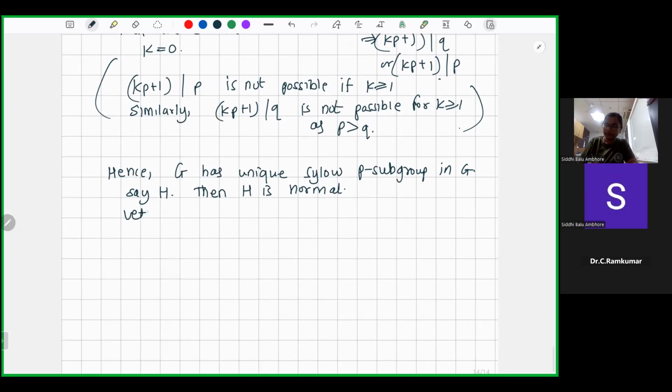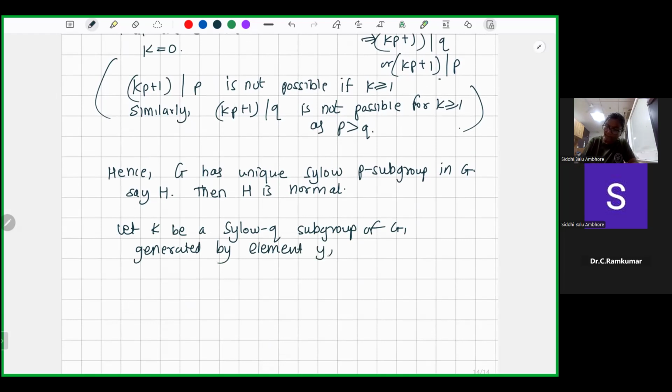Let K be a Sylow Q subgroup of G generated by element Y. I am not interested in knowing whether it is normal or not.